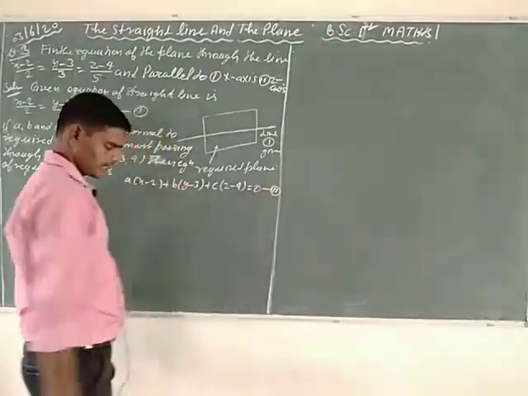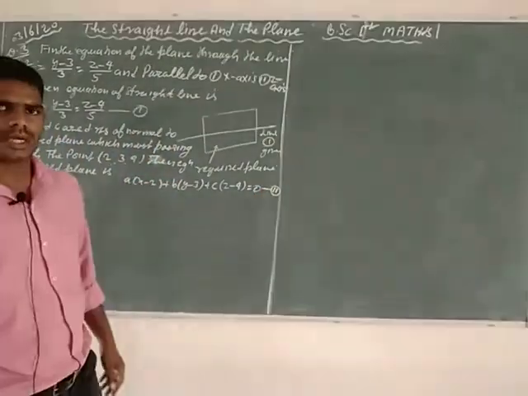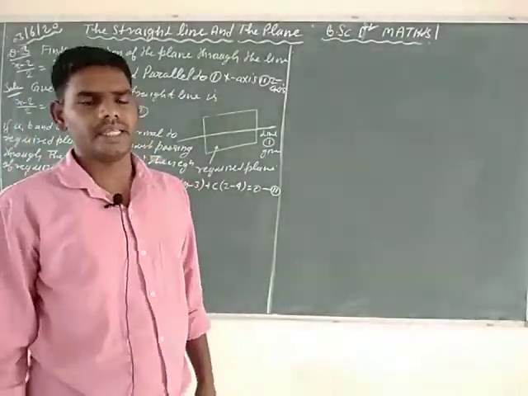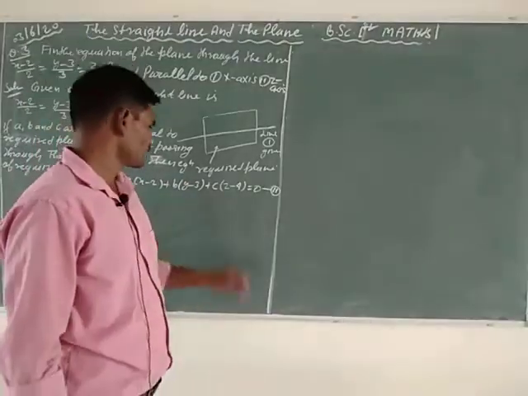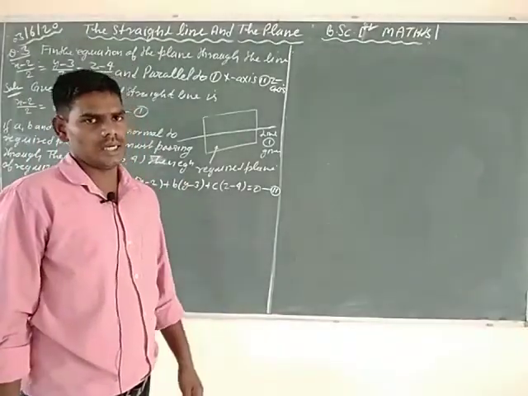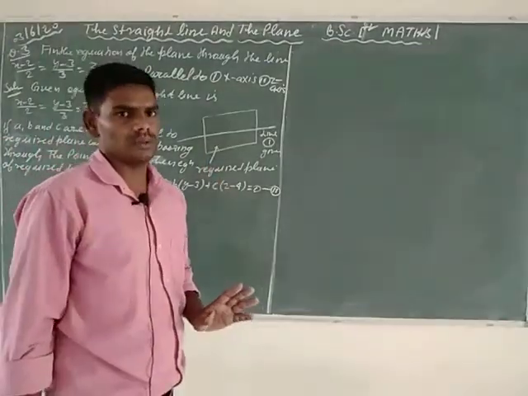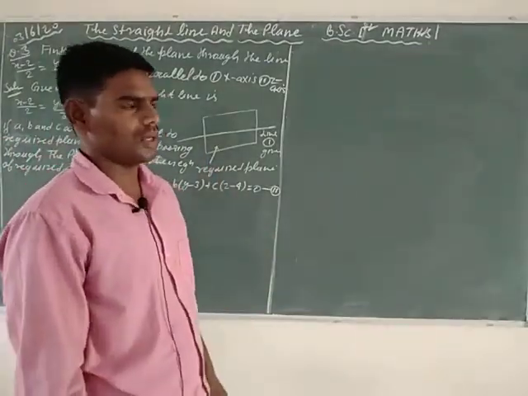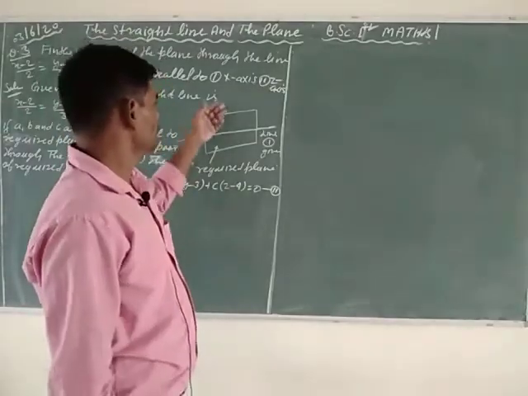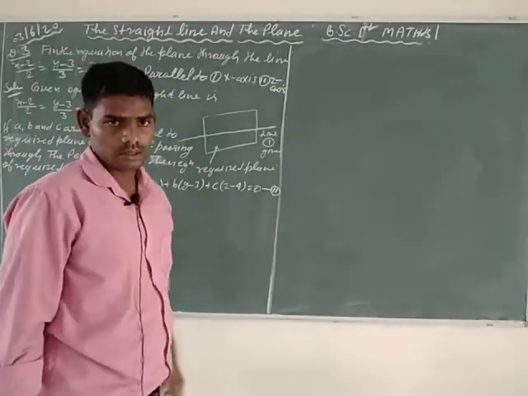So equation second is the equation of the required plane. In this, three unknowns are present, small a, b and c. Our aim is to first calculate these unknown values by applying the next conditions.